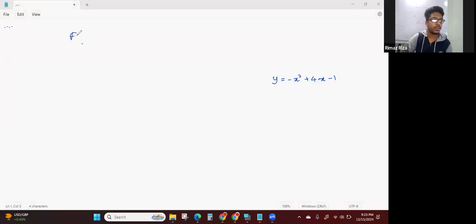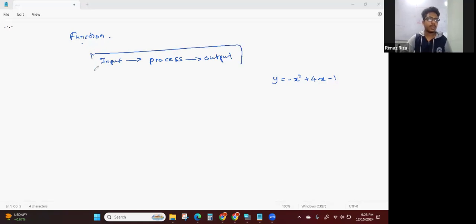In a computer, if you are doing IT or anything, even in small grades, you may have studied that the overall work of a computer is that it takes an input, processes it, and gives the output. A function is also like that. If you put in an input, it gives the output.